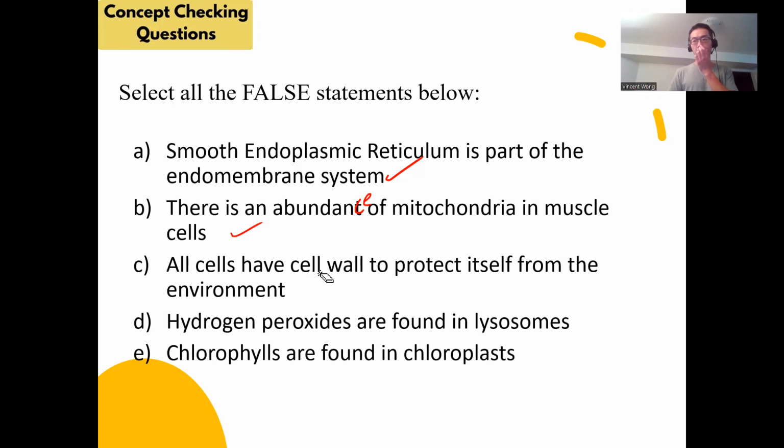"All cells have cell walls to protect them." That's not true. We don't have cell walls. Hydrogen peroxide is found in peroxisomes, not lysosomes. And chlorophyll is found in chloroplasts. So the correct answers are C and D. Those are the false statements.